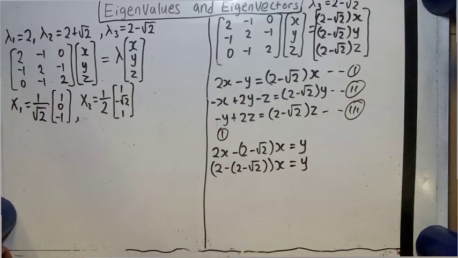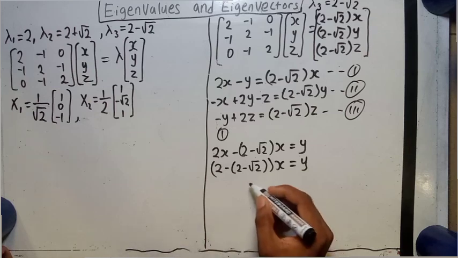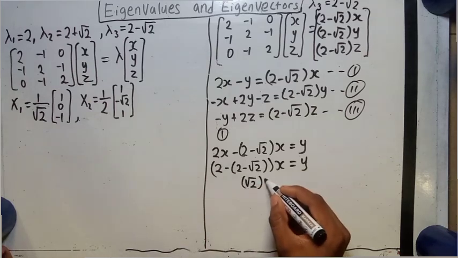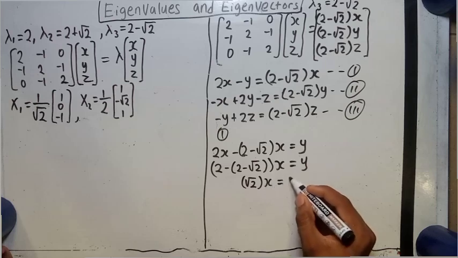Solving this, you have 2 minus bracket open 2 minus root 2 and bracket close. We're left with root 2 of x is equal to what?